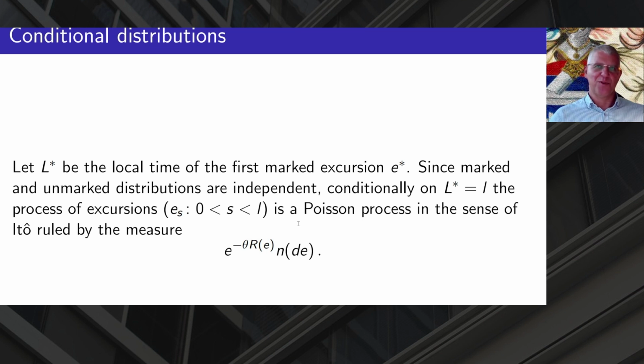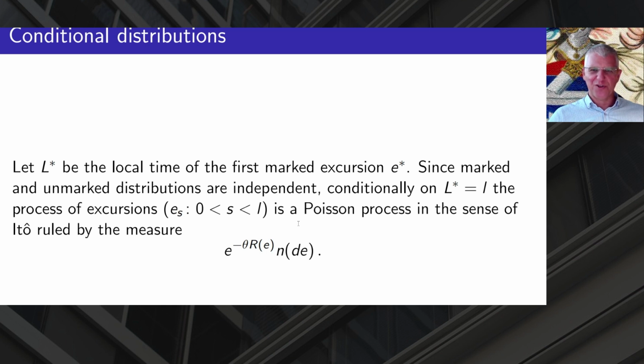You compute that in elementary probability courses. But again, that is true for any abstract Poisson process. So if you have points coming in at certain times, the occurrence of the first point will be at an exponential time. And if you measure time as local time, then the local time at the time when you get the first marked excursion will have exponential distribution.